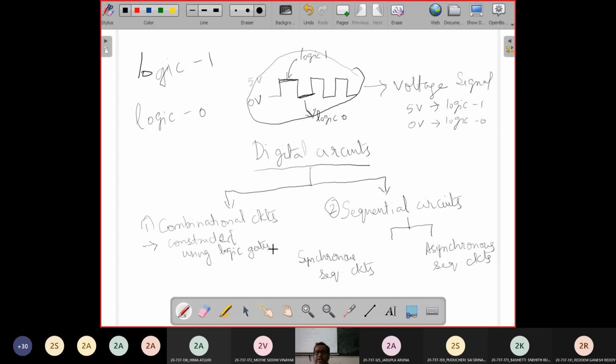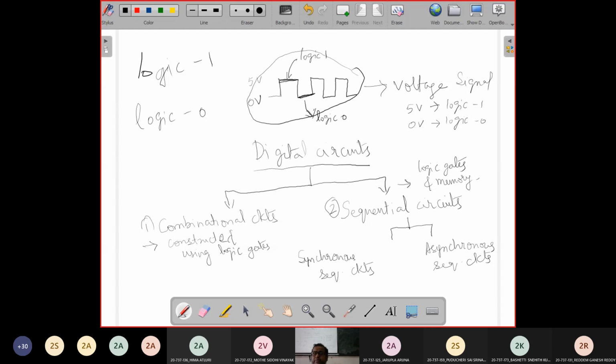Now coming to the sequential circuits. These circuits are also constructed using logic gates. In addition to logic gates, they also involve what are referred to as memory elements.